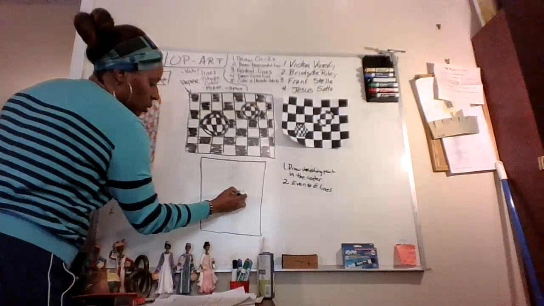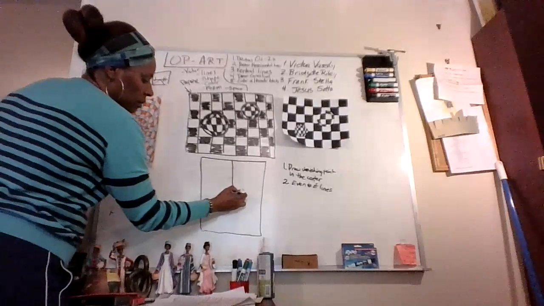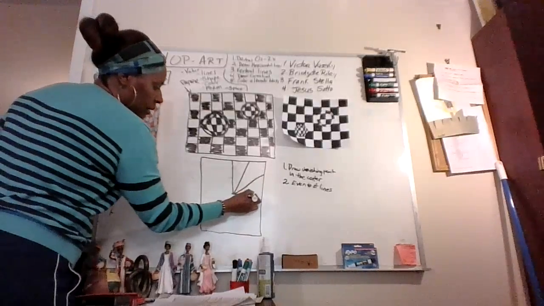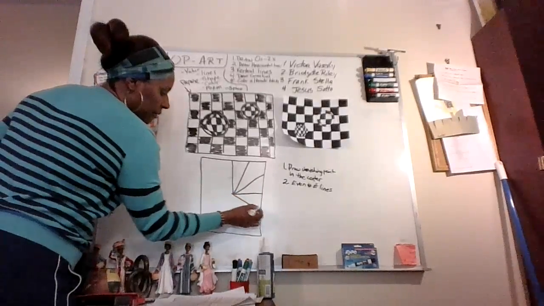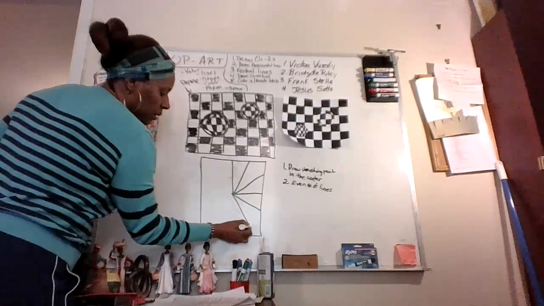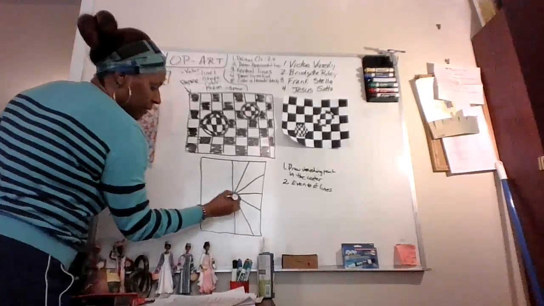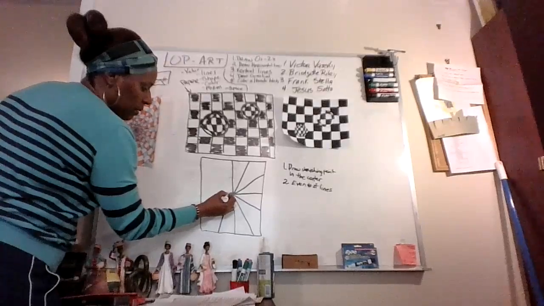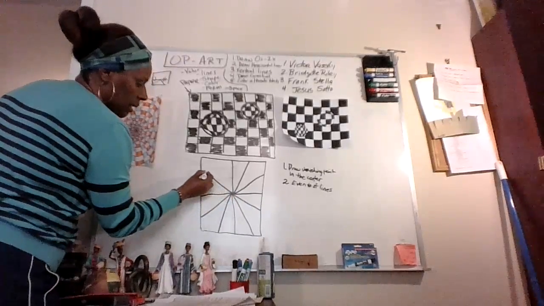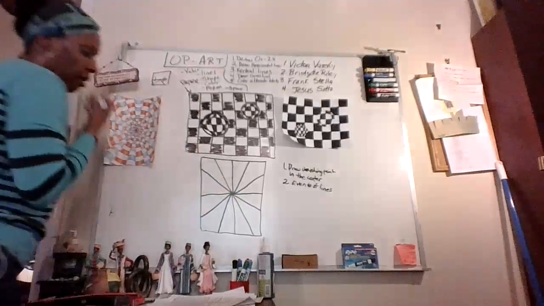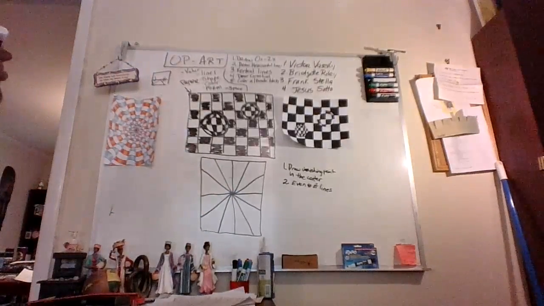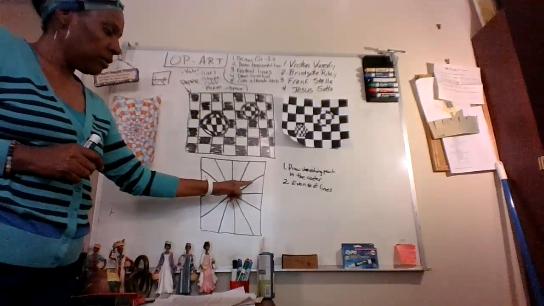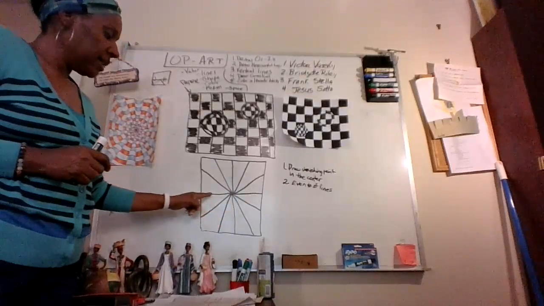So, this is going to be line 1, 2, 3, 4, 5, 6, 7, 8, 9, 10, 11, 12. I have 12 lines around my vanishing point. 1, 2, 3, 4, 5, 6, 7, 8, 9, 10, 11, 12.